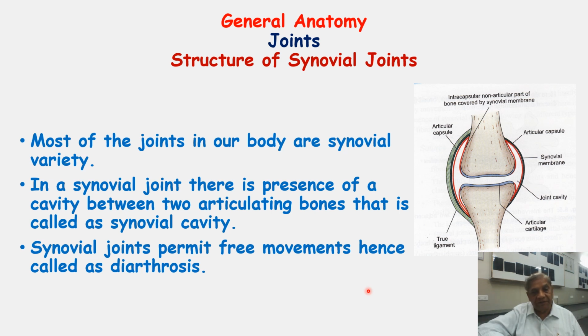Yesterday in our previous video on the classification of joints we learned that diarthrosis joints are those where free movements are possible, which is possible only in the synovial joint because there is a cavity. Next, passing to the next slide.